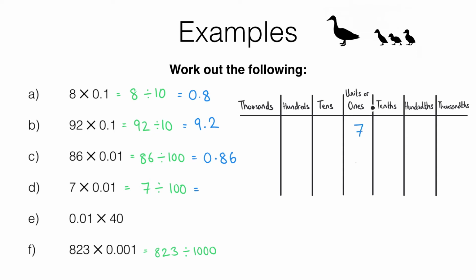So we've got 7 ones or 7 units that we need to then shift two place value columns along to the right. So we end up with 7 hundredths. I now need placeholder 0s here and here with the decimal point, of course. So that's 0.07.